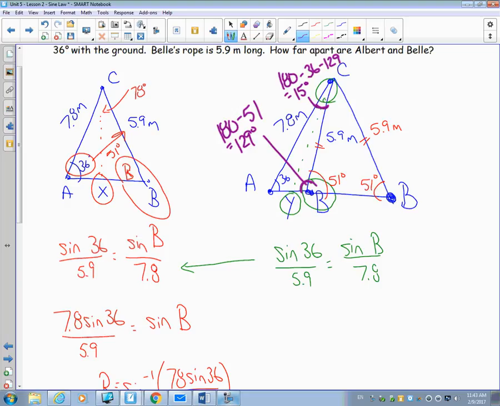Now I can solve for y. Okay, how am I going to do that? I'm going to say the sine 36 goes with 5.9. I'm using 36 with my 5.9. And I'm also using the sine of 15 going with the y.